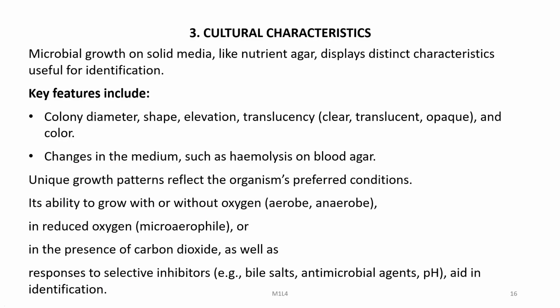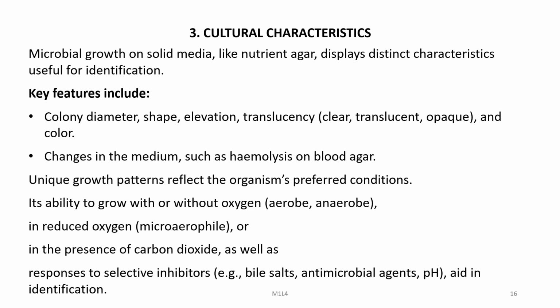The third is the cultural characteristics. Microbial growth on solid media like nutrient agar displays distinct characteristics which can be used for identification. Some of the key features include the colony diameter, shape, elevation, transparency, whether it is clear, translucent or opaque, and the color.